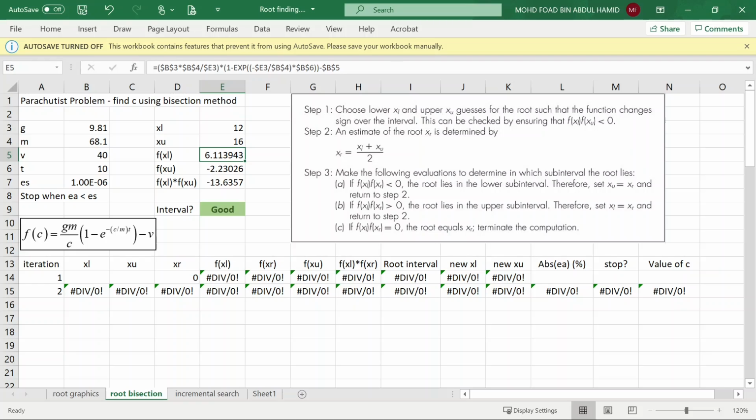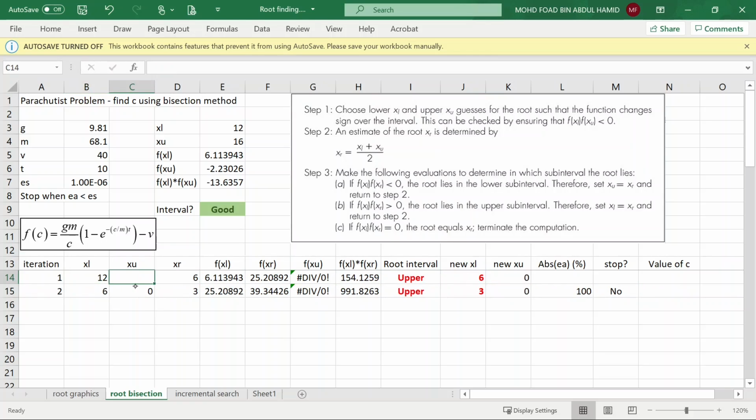We know lower bracket 12, upper bracket 16 is a good guess. These are the two guesses, 1 and 2. We have a negative number, and we know that our interval is good. So we can put here 12, and we can put here the upper limit, which is 16.